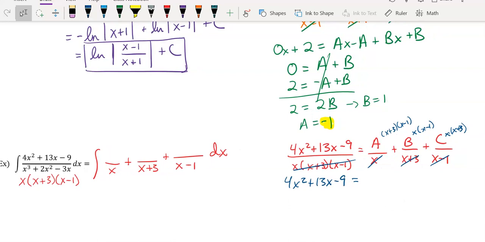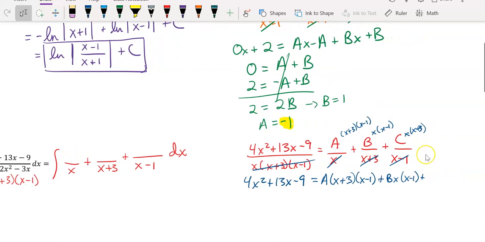Instead I'm going to leave these factors. So we'll have a times x plus 3 times x minus 1 plus b times x minus 1 plus c times x plus 3.